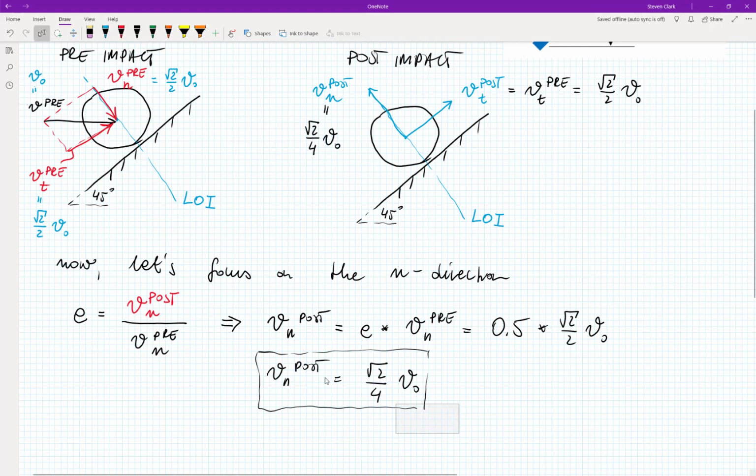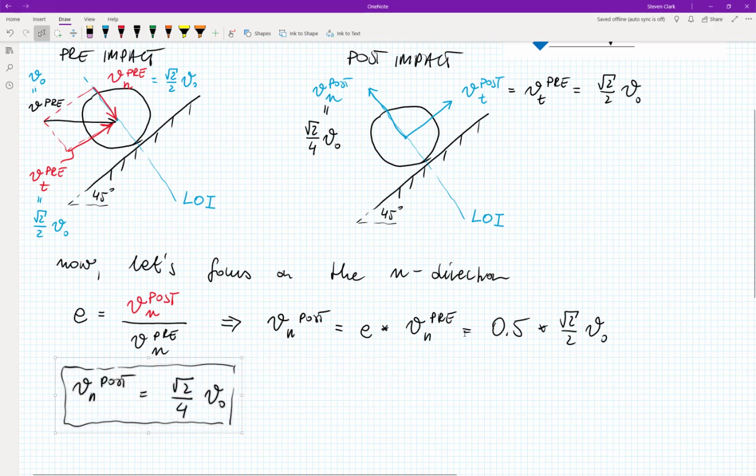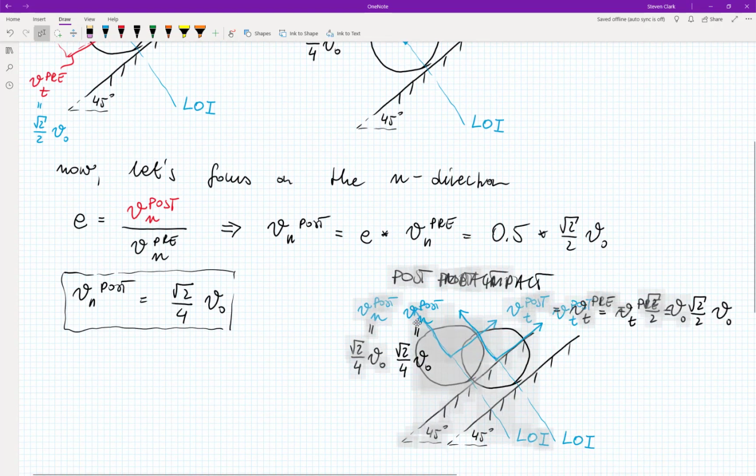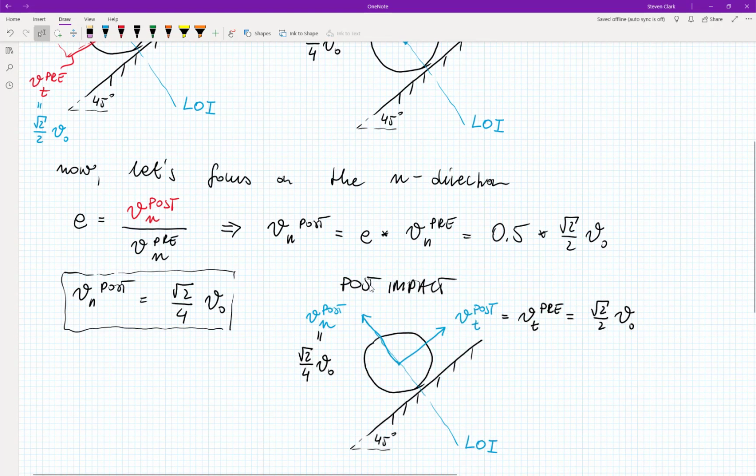Okay. So let's also draw the situation post-impact. I can take that drawing and put it here. I must shrink one vector; this one will be twice shorter.